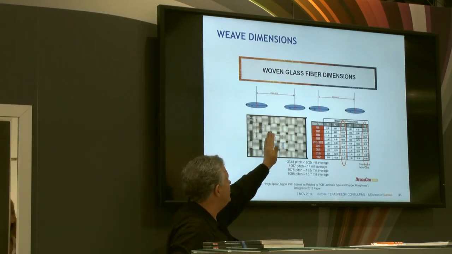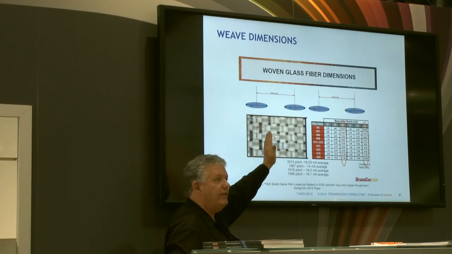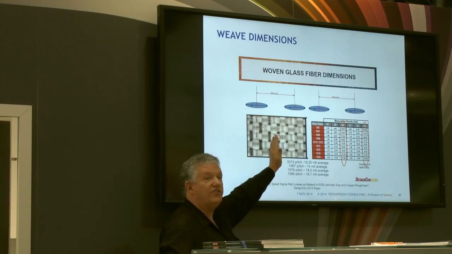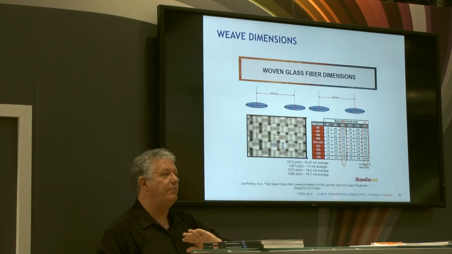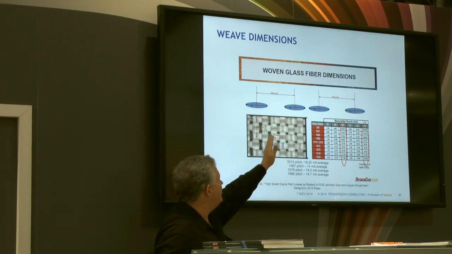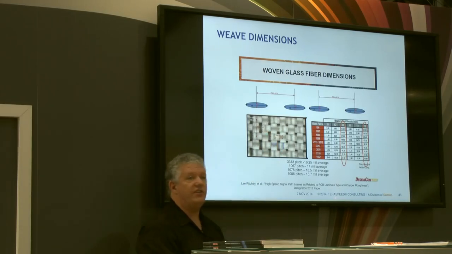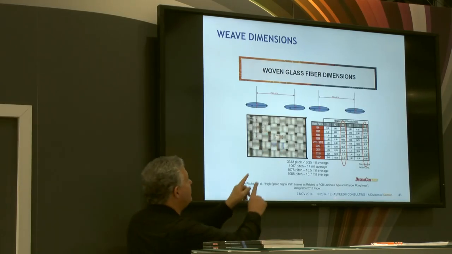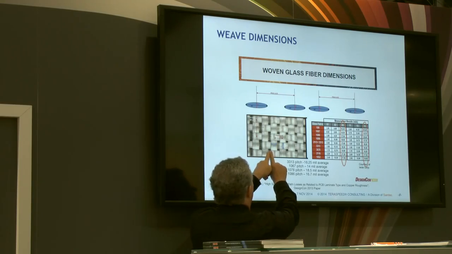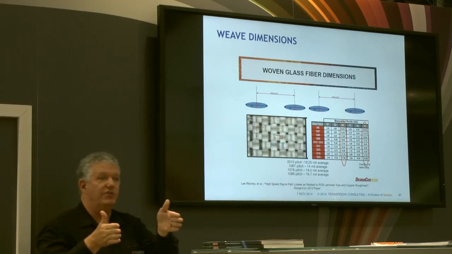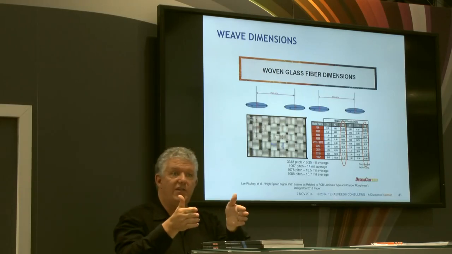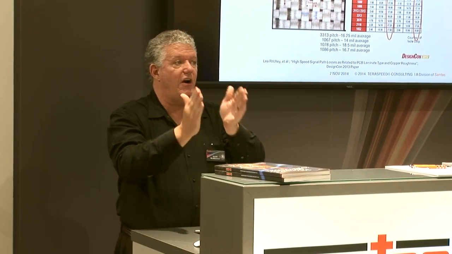So one trace was on this bundle of fibers and the other was right in the center. I can guarantee you that'll be the absolute worst case performance you'll ever get, because you'll see a huge difference in dielectric constant. But as we move our traces apart so that they align with the center of the fibers and they are designed at the same pitch, they now both see exactly the same dielectric environment.